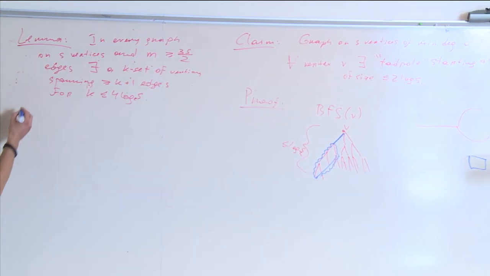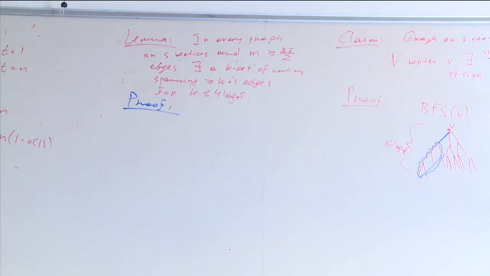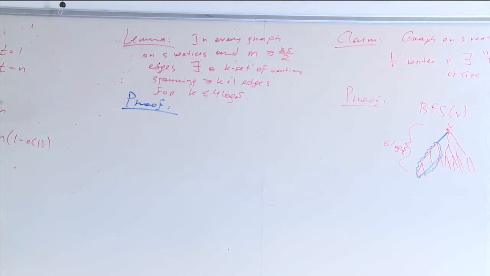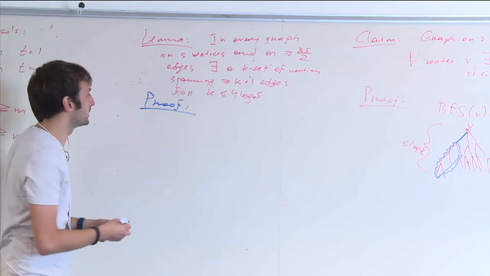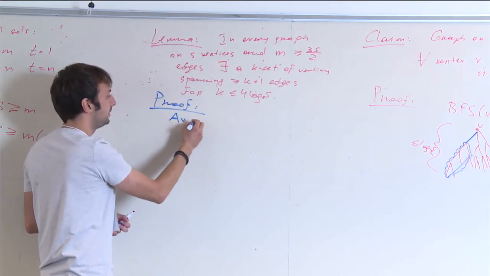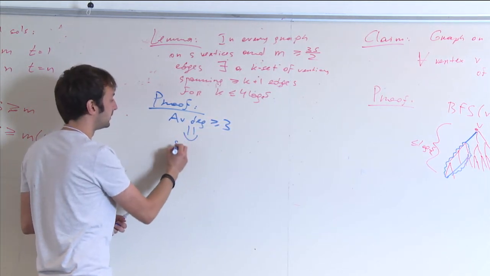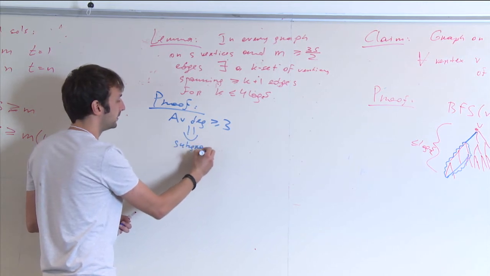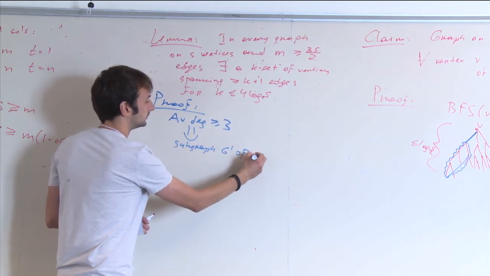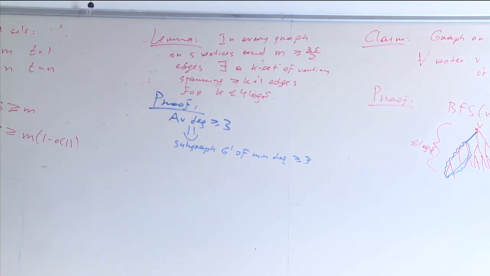Now we can prove this lemma, that if the number of edges is at least 3s over 2, then there exists a k-set of vertices spanning more edges. How do we prove this? Just by the bound on the number of edges, average degree is at least 3. So I can find a subgraph of minimum degree at least 3. How do I do this? I just remove vertices of degree 0, 1, 2. Average degree is growing. At some point, all vertices will have degree at least 3.